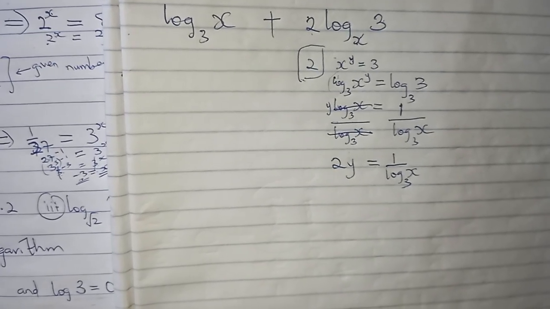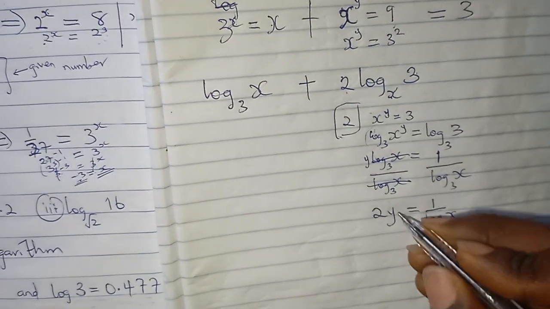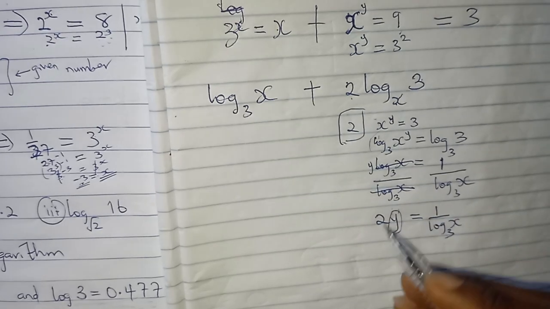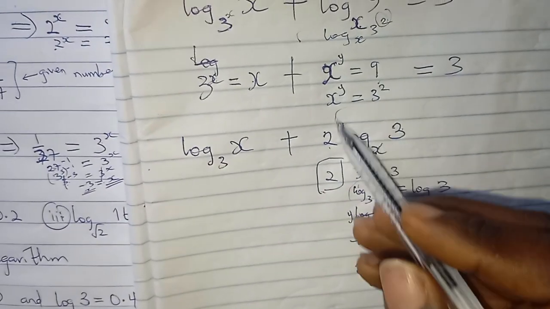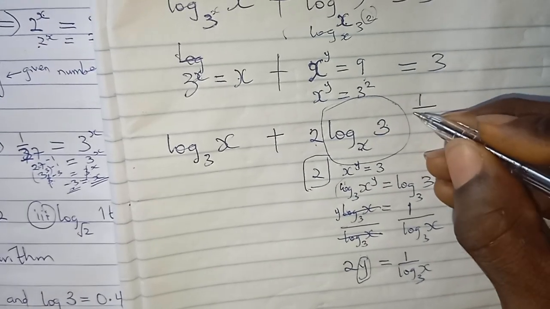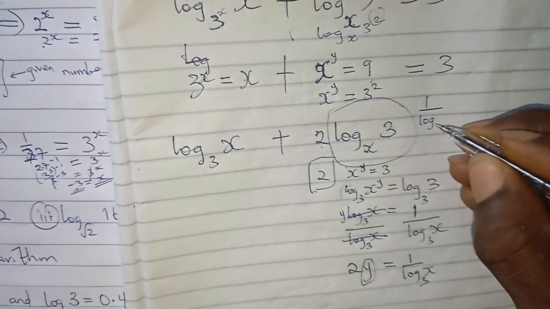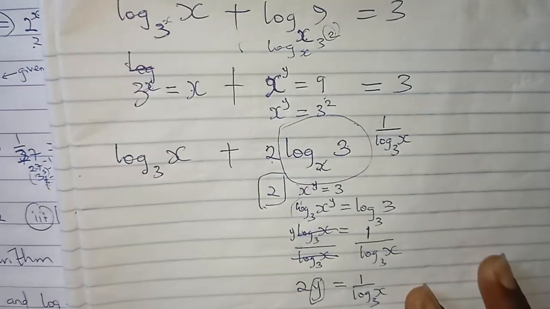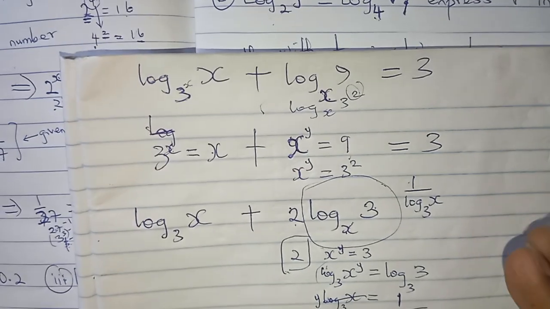What it means is simply that everything here is the same as saying 1 over log 3x. So we can always reverse. That's what I'm trying to say.